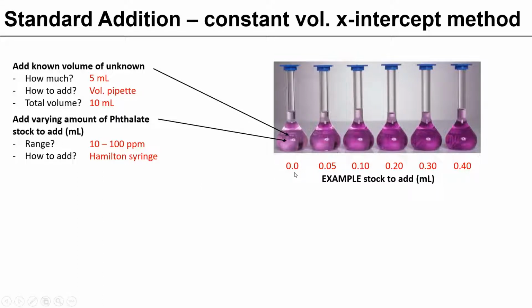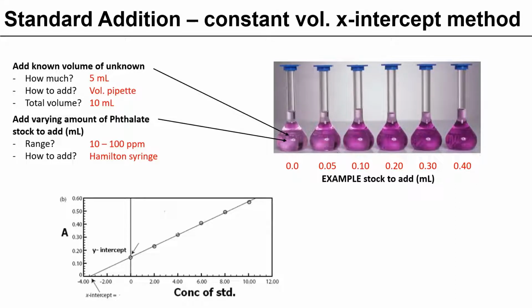That's very important to have in this calculation. And then we're going to add increasing amounts of our stock to get a calibration curve. How many calibration solutions do we need to make? We're going to want to have 7 calibration solutions so that if something goes wrong with a couple of those, we can still have at least 5 calibrations.